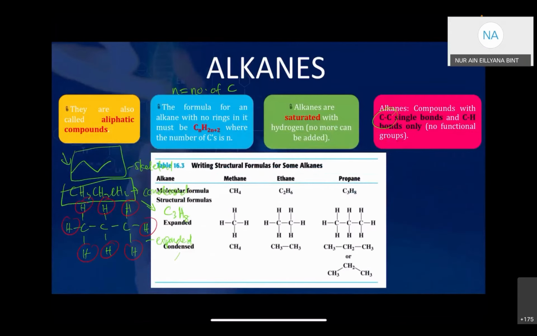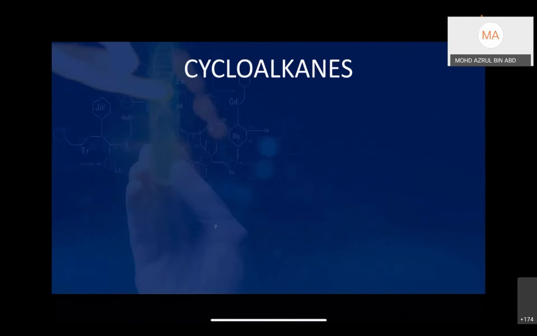So this is a few examples of the alkanes: methane, ethane, and propane. This is when we write using the structure or the formula, and this one is the expanded structure. This one we call condensed, and when we draw the skeletal for propane, we just get like this.